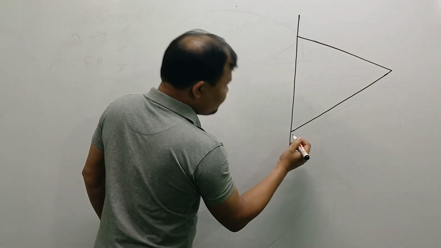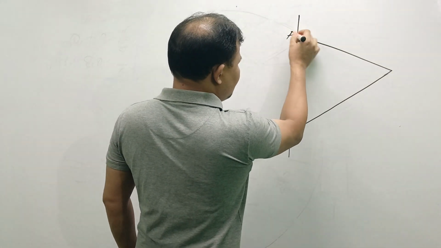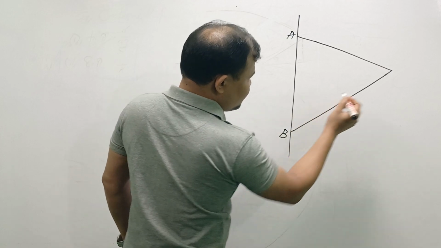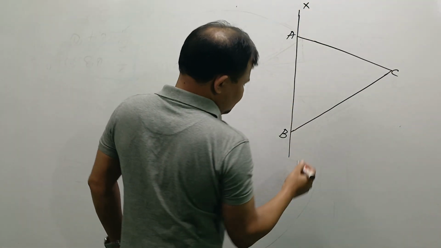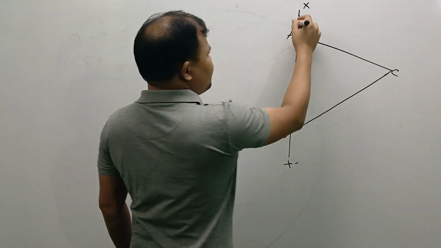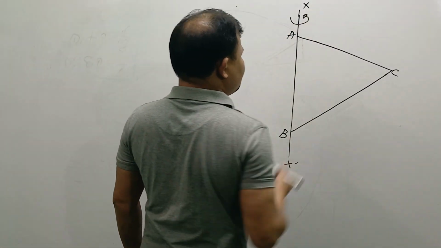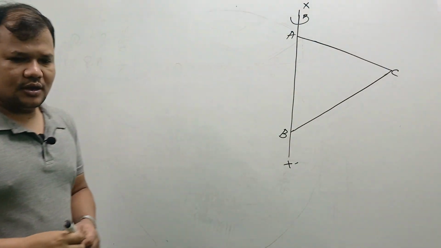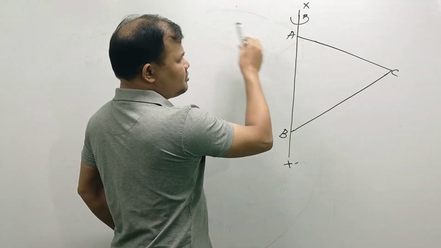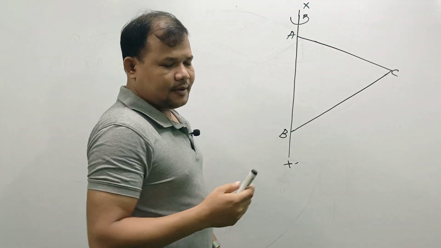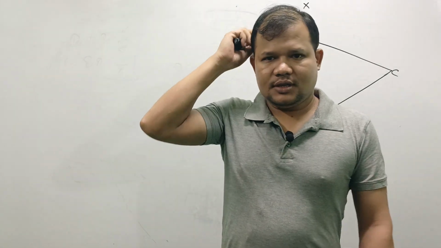The name of the triangle is ABC, and x prime is the rotational axis, and this is the direction of the rotation. Suppose this triangle rotates around this axis in this way.